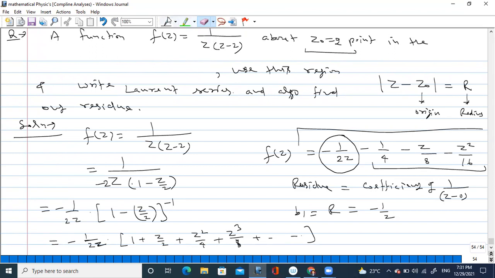The condition only they have changed. In the condition, z minus 2 is less than 2. Use this region and write the Laurent series and also find the residue.